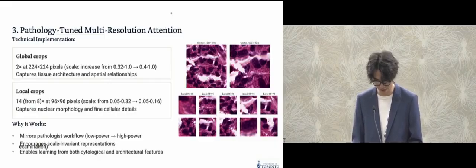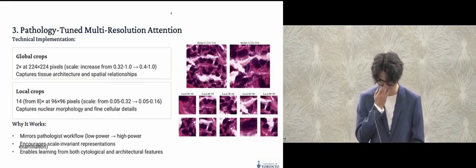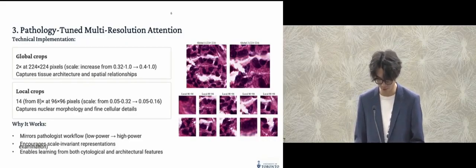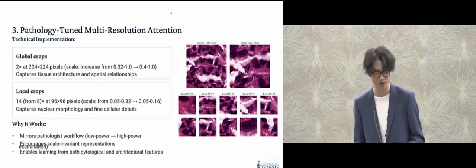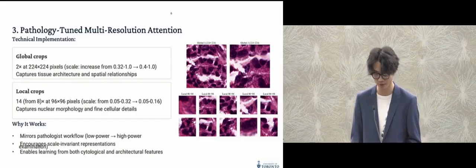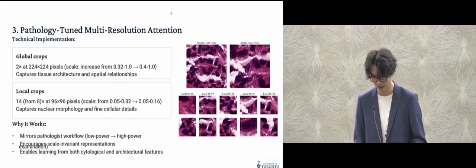As you can see, the global crop scale is 0.32 to 1 and the local crop scale is 0.05 to 0.32, so there's no gap between the minimum of the global crops and the maximum of the local crops, which doesn't really differentiate between high-level and low-level details.